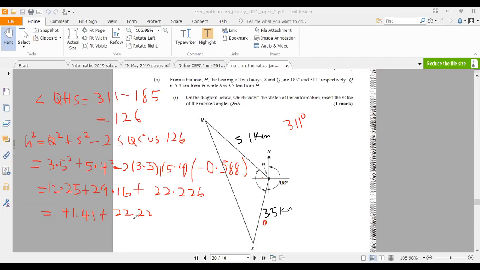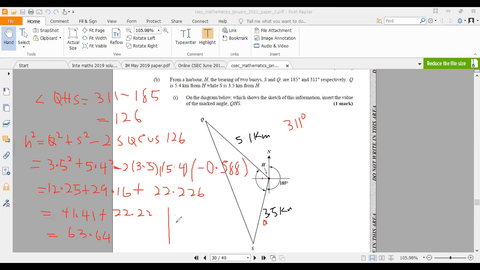All right. So add those two now for me. We're going to get 63.64. Then we are going to find the square root of that, right? So you want to find QS.